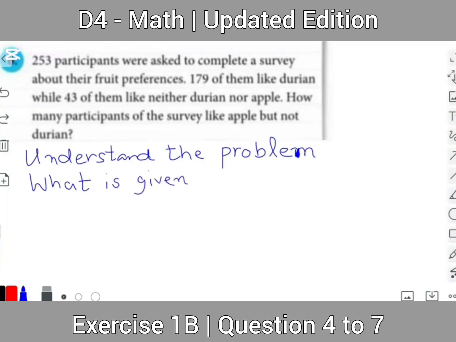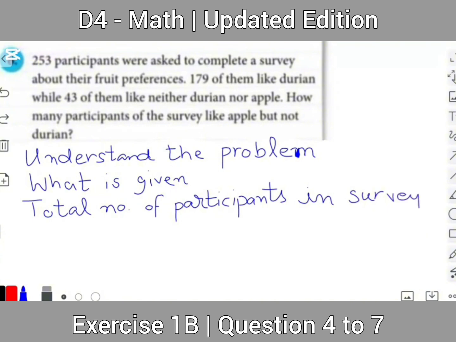Total number of participants in the survey about fruit preferences. Number of participants who like durian.